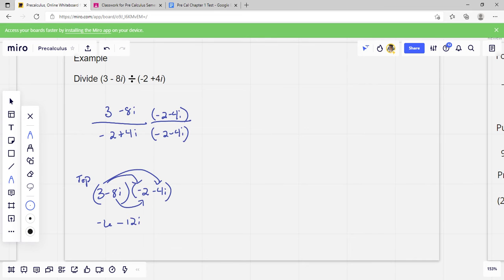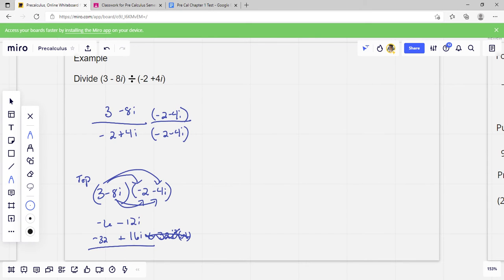Negative times a negative would be a positive. 8 times 2 is 16i. And then I'm going to multiply right here. That'd be a positive because we got negative times a negative. And then 8 times 4 is 32. And that would be i squared. And remember, i squared is really negative 1. So that means positive 32 times negative 1 would be negative 32. Okay?